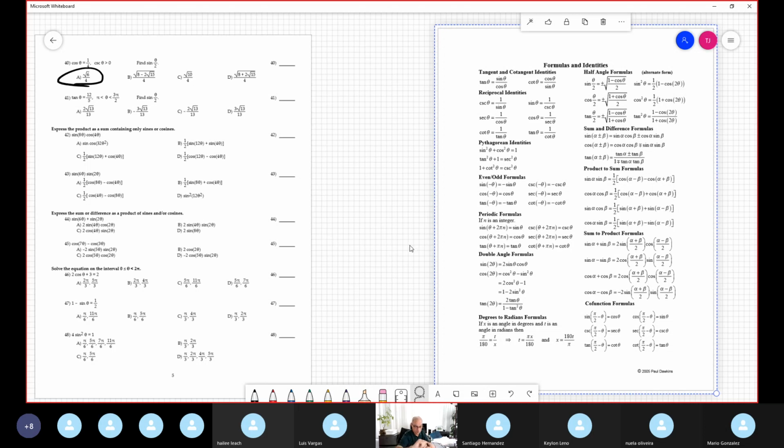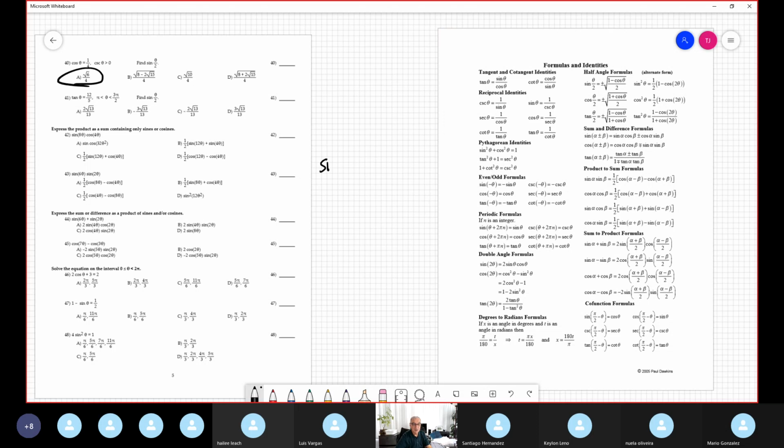For example, the first example that we have is sine 8 theta times cosine 4 theta. What formula am I using, Professor? I'm using the sine cosine formula, which allows us to convert product to sum.